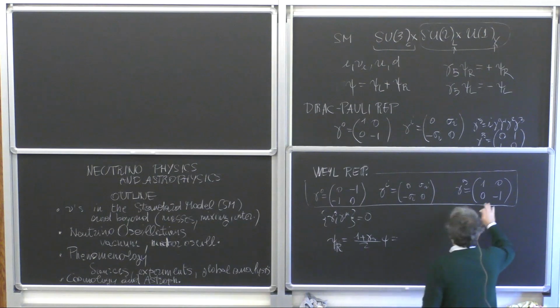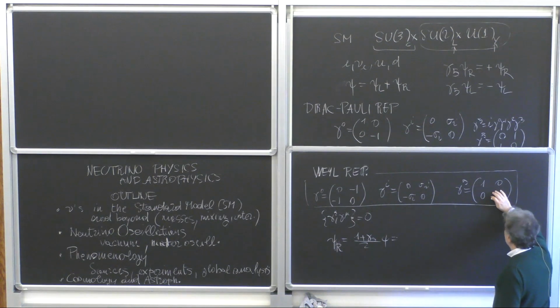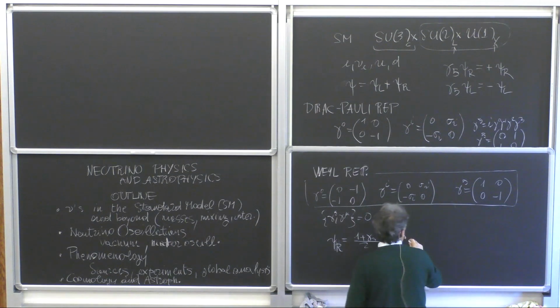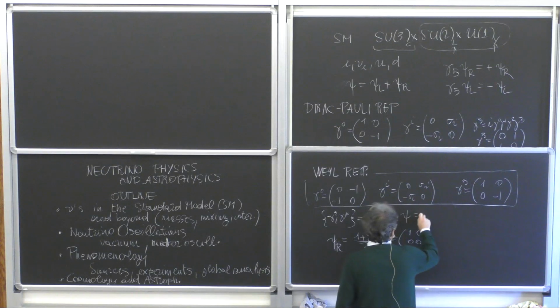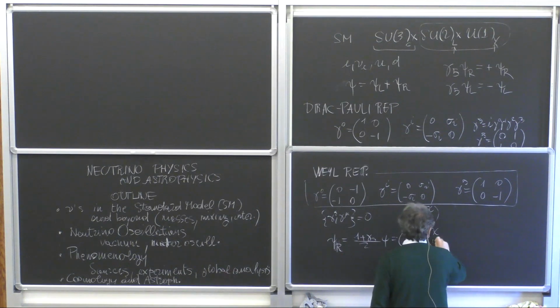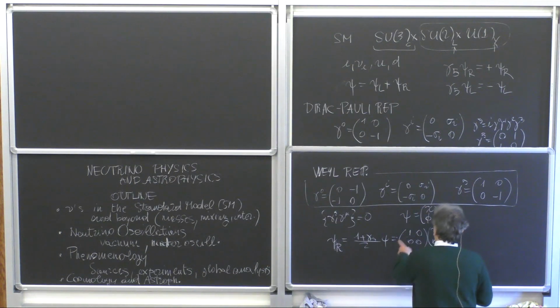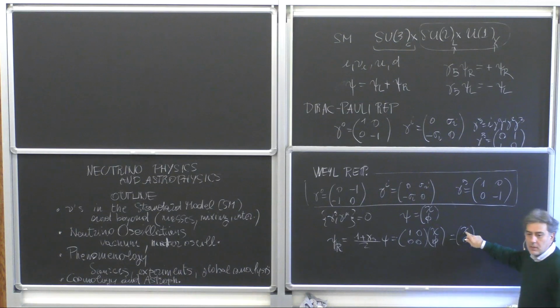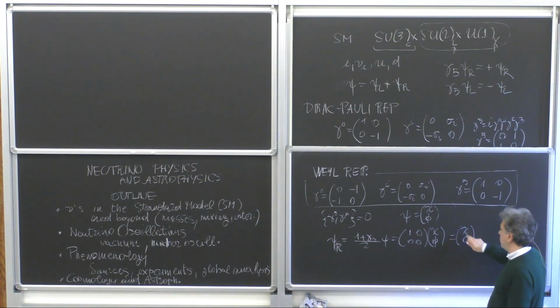So this part cancelled, and so we have (1, 0; 0, 0). Imagine that the spinor is (chi, phi). You end up with a two-dimensional vector here.